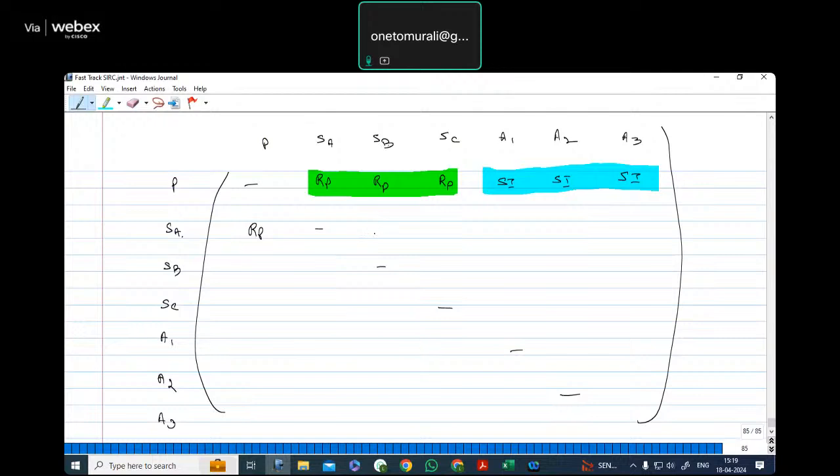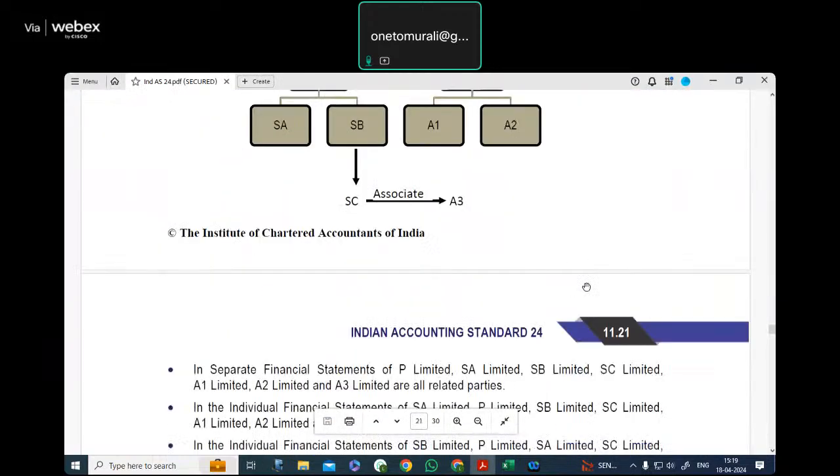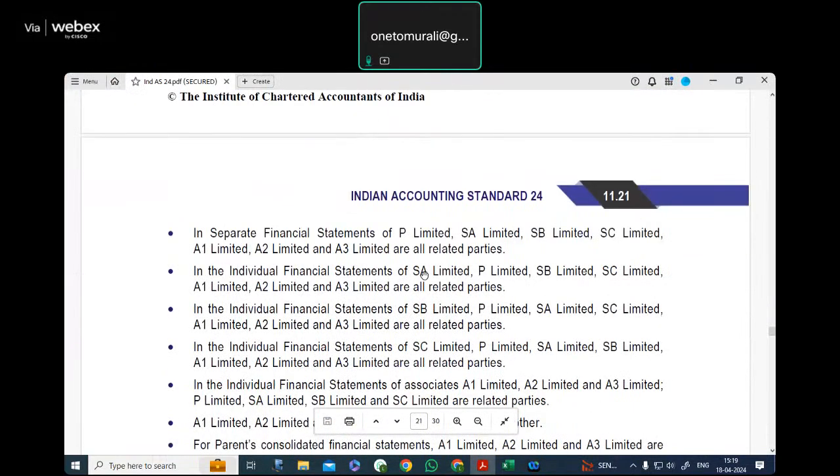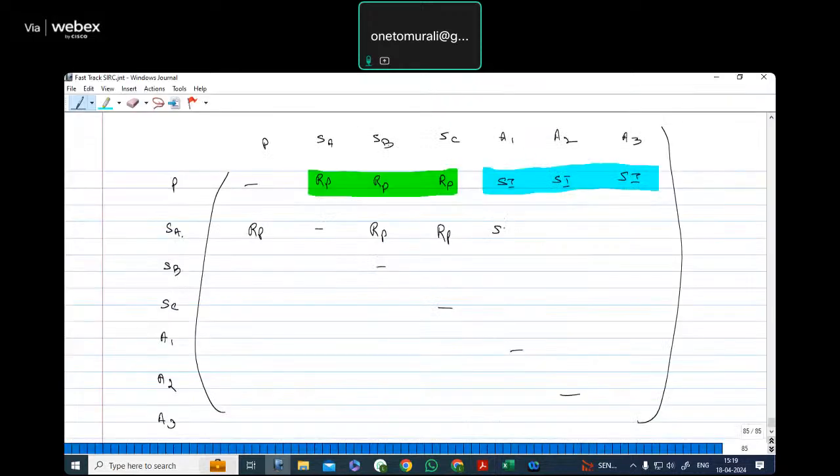So SA to P is a related party. Co-subsidiaries are coming under common control, related party, and they are all related parties. Just see how they have mentioned in the individual statement of SA Limited: P Limited, SB Limited, SC Limited, A1, A2, A3 are all related parties. Correct?